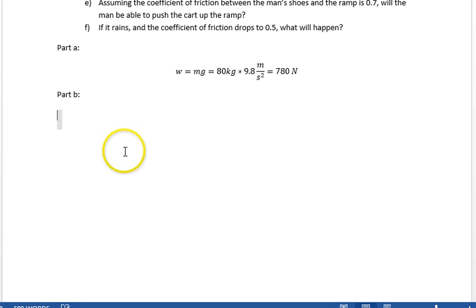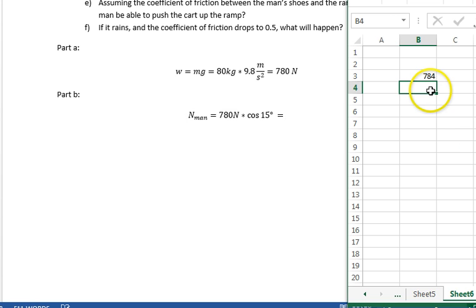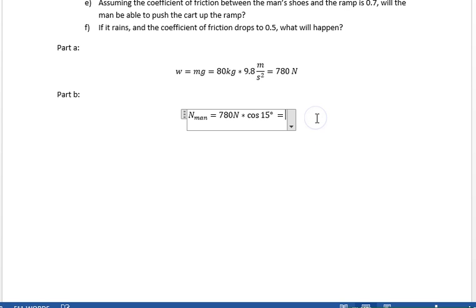So the normal force for the man is the man's weight, 780 newtons, times the cosine of 15 degrees. 780 newtons times the cosine of 15 degrees, in degrees mode, is 753 newtons, or 750 newtons.